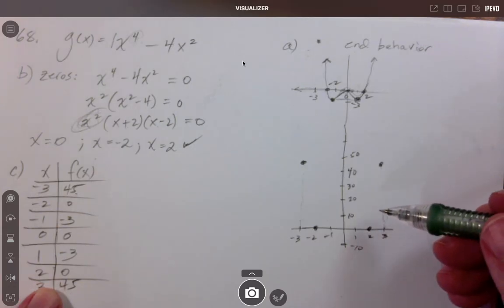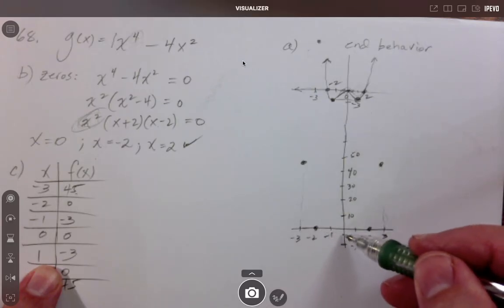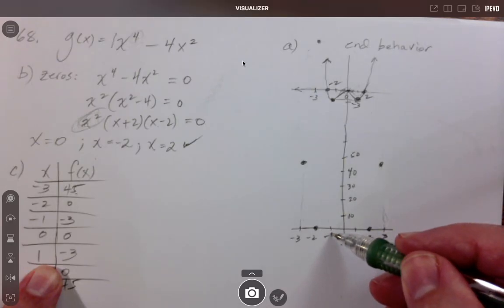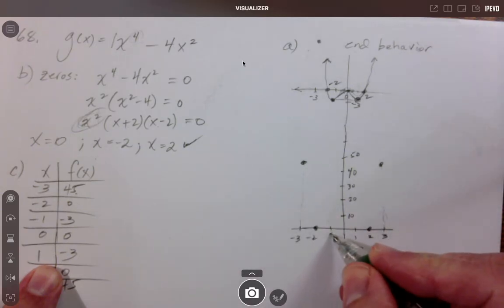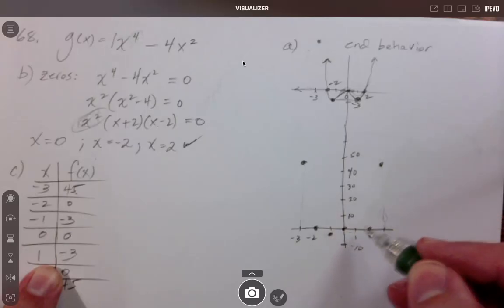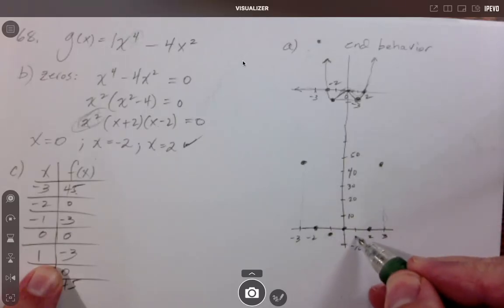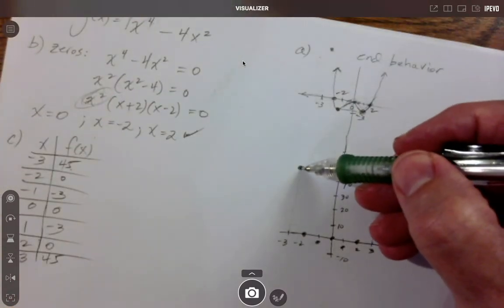Right? At 1, it's -3, which is, you know, right about there. So right where I drew the -1 is where the dot should go. So right about here. And then it's going to bump right there. And then it's going to come down again right here. So it looks something like this.